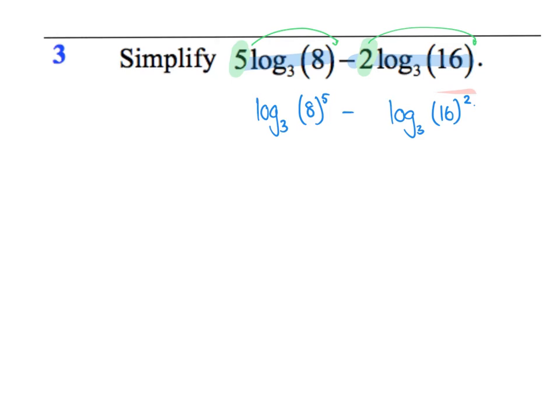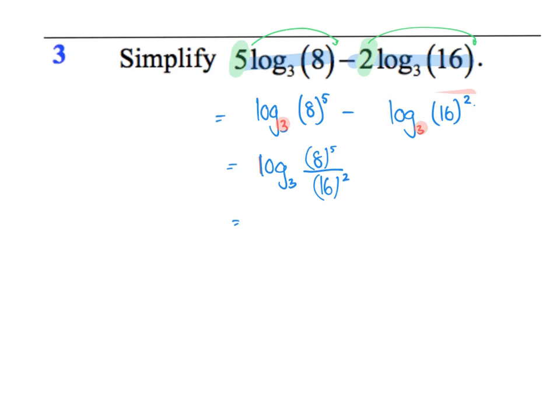Okay. Now, what's the rule when you minus logs? Logs of the same base there. Divide. Awesome. So I can say it's equal to log base 3 of 8 to the power of 5 over 16 to the power of 2.